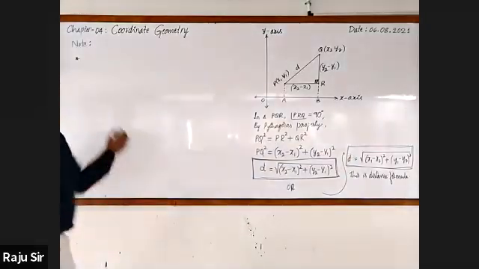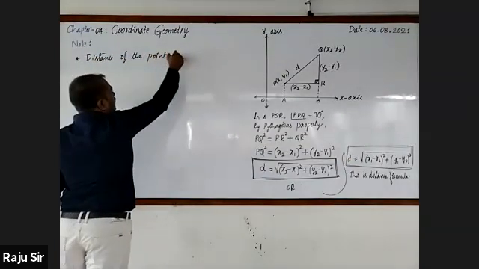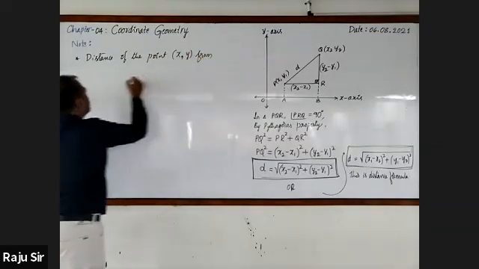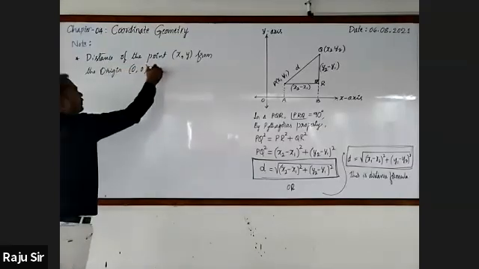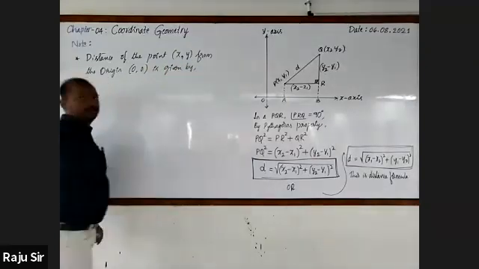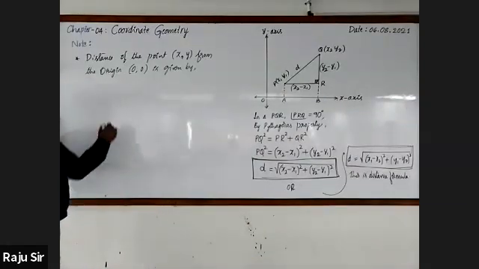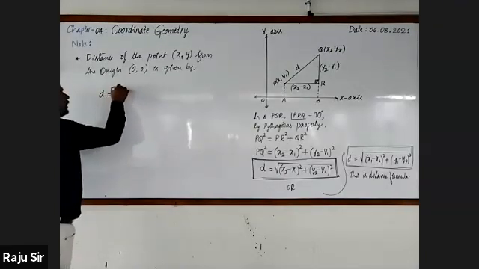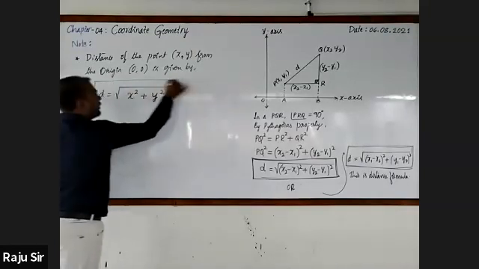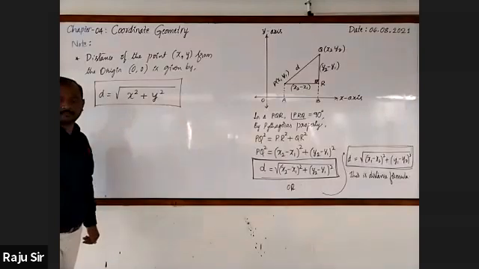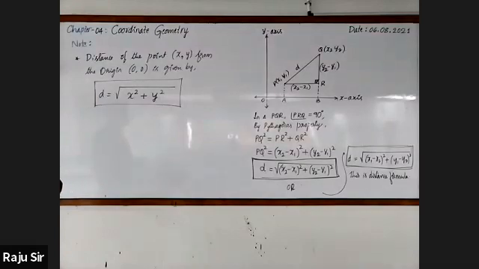The distance of the point x comma y from the origin 0 comma 0 is given by d is equal to the square root of x square plus y square.